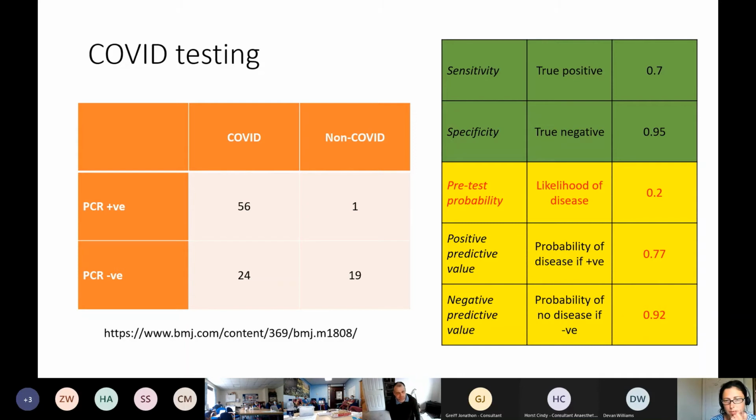And if the prevalence drops to 1%, then the numbers just get ridiculously small. But your negative predictive value goes up. So you can say, well, they've got a negative test, and now I'm 92% certain that they're negative. But the point is, it shows you all this talking about the usefulness of screening and PCR testing is entirely dependent on the pre-test probability. And it's a big issue for asymptomatic patients. How do you manage asymptomatic patients with a positive test?